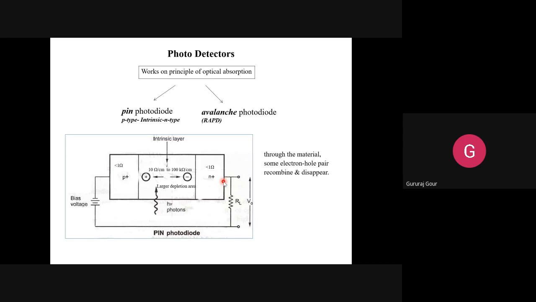Remember one thing: a PIN photodiode is different from a PIN diode. PIN diode you might have learned in microwaves, and that is different from this PIN photodiode. This one is differentiated by having a large intrinsic layer. These are called P plus and N plus because of their high doping profile.